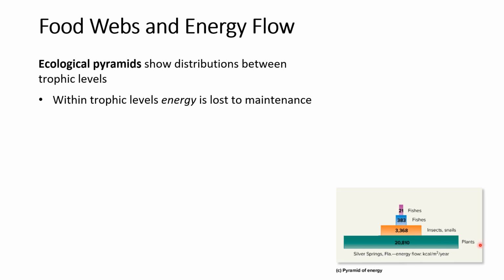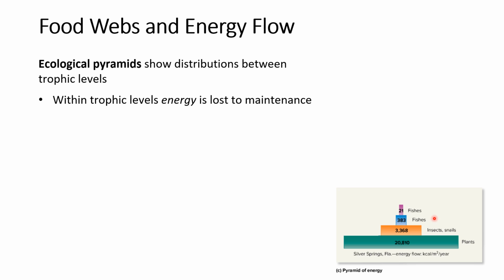We've got primary producers, our plants. They have the most energy. This is kilocalories per square meter per year. That's the amount of energy used, right? A lot. Then the herbivores, the insects and the snails, much less. The fish that consume the insects and the snails, even less. And the fish that consume those small fish, even less, right?